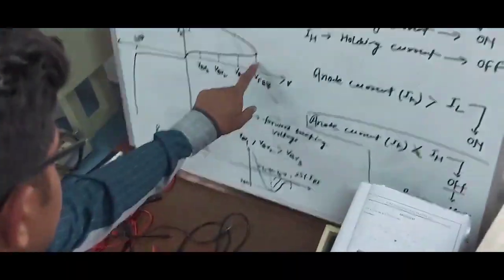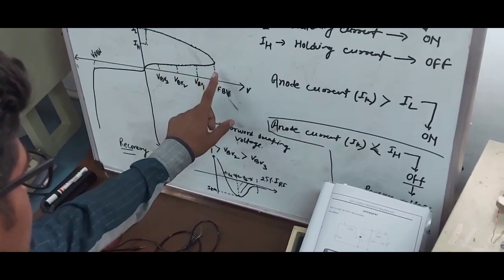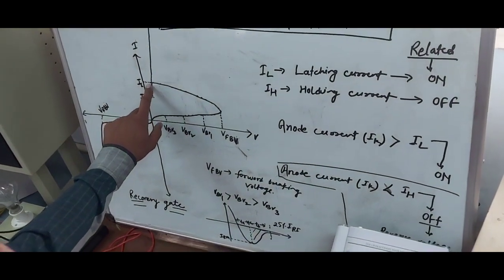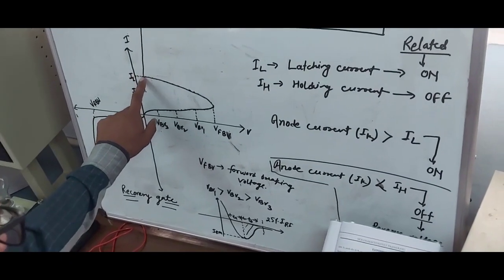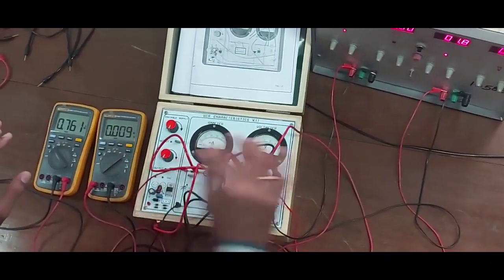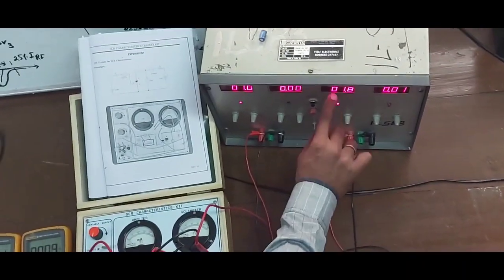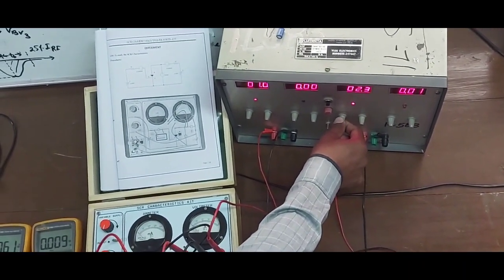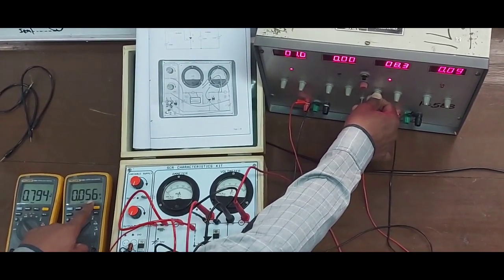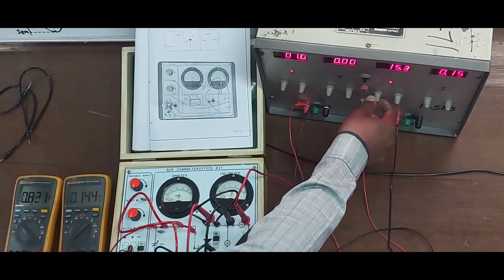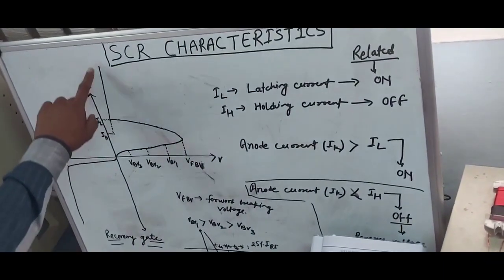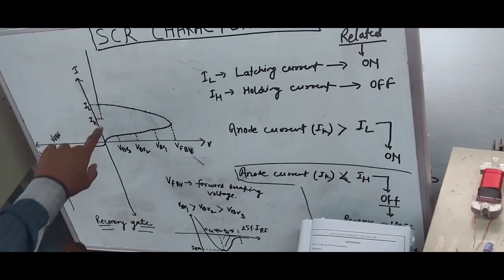So when you apply high voltage and then the gate, this point is shifted to the latching point. Now I remove the gate. The gate is not connected, and if I increase the anode cathode voltage, then current will rise proportionally. Just see this scope: the SCR will work in forward conduction mode.